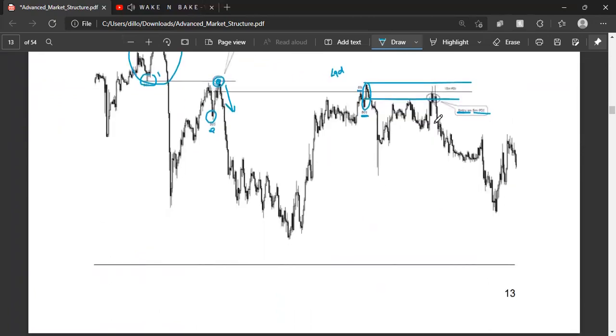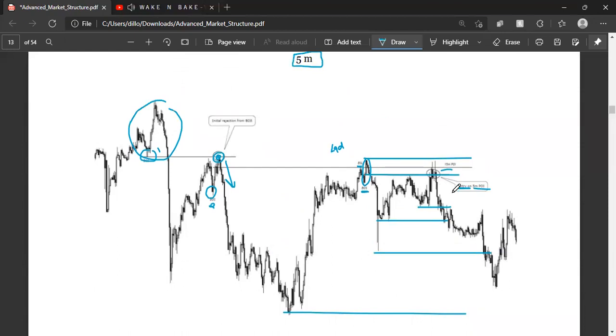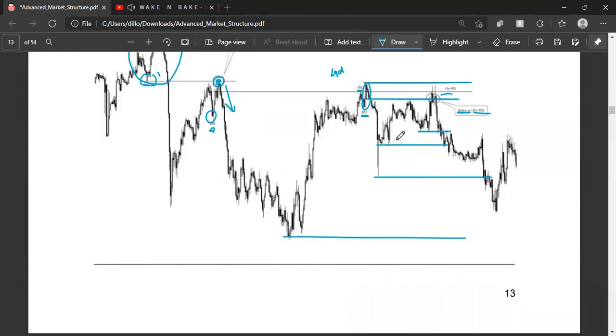Your entry would be here and targets would be at lows. Most likely on trades you're not going to have 4 TPs, most likely you'll have 1 or 2.